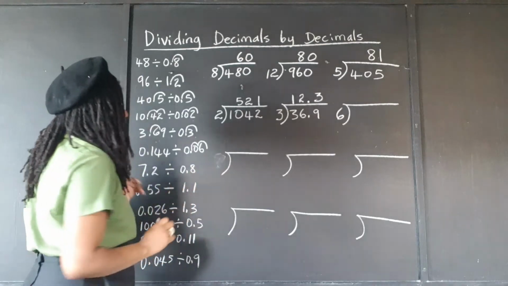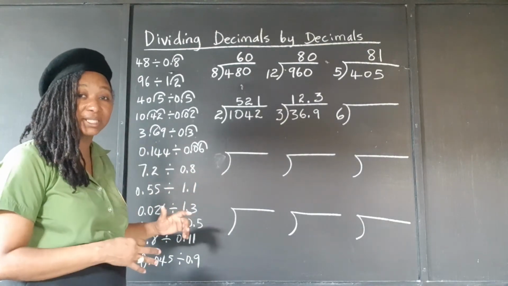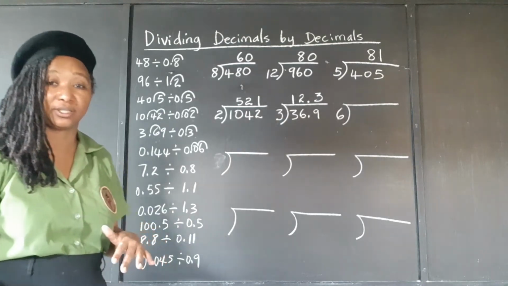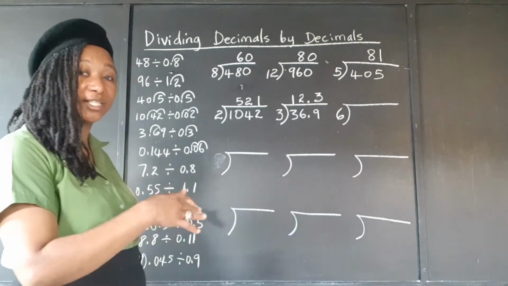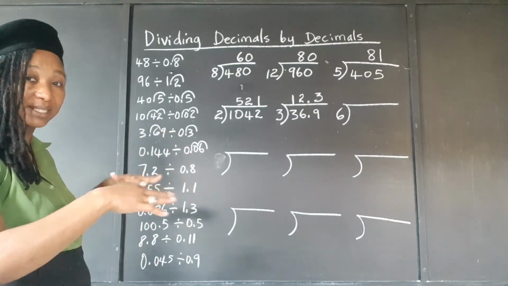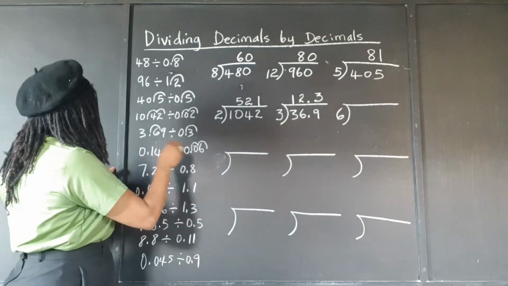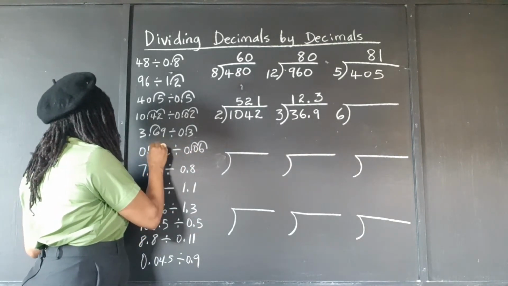Alright, so it becomes 6. We have to do the same thing over here. If we don't, then we have skewed the results. It will be wrong. We have to balance it out by whatever you do to this side, you must do to the other, and then it's the same. It becomes balanced. So we need to multiply by 100 over here to move 2 places to the right.